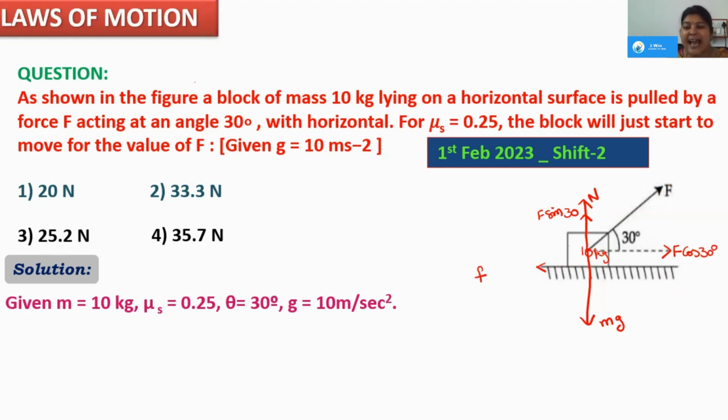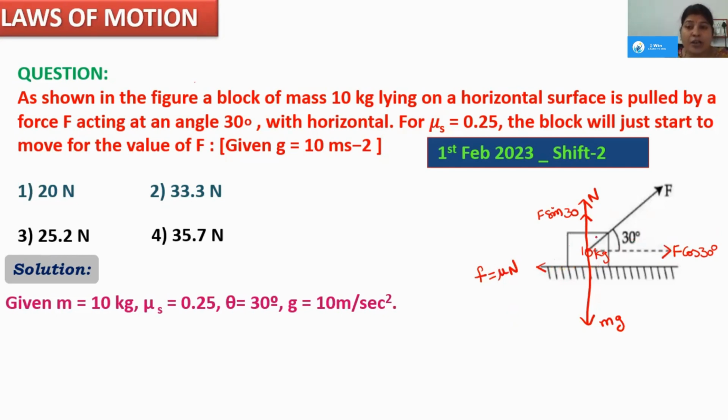That means the block has a tendency to move along this direction, which is why the frictional force acts along this direction. What is the formula for frictional force? In terms of normal reaction, f is equal to mu times N, where mu is the coefficient of friction.